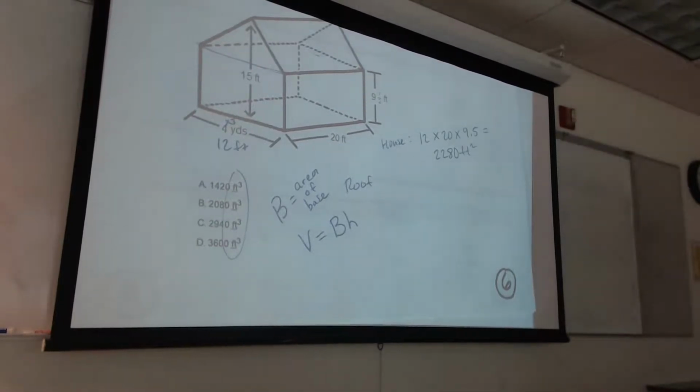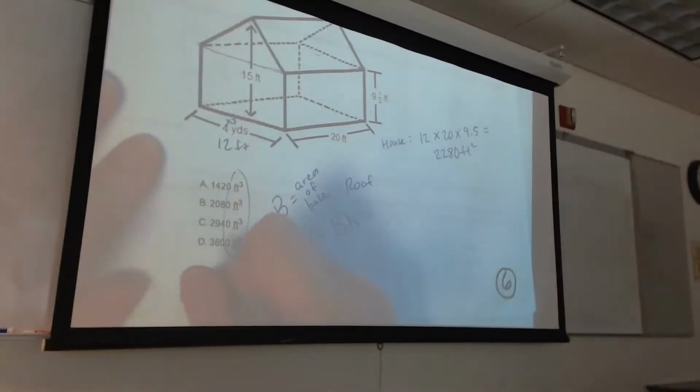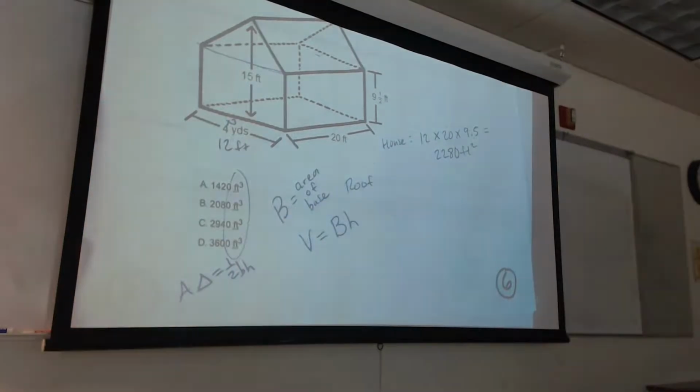What shape are the ends of the roof? Triangles. So then, can we find the area of a triangle? What is the area of a triangle? 1/2 the base times the height. So the area of a triangle is 1/2 the little base times the height.